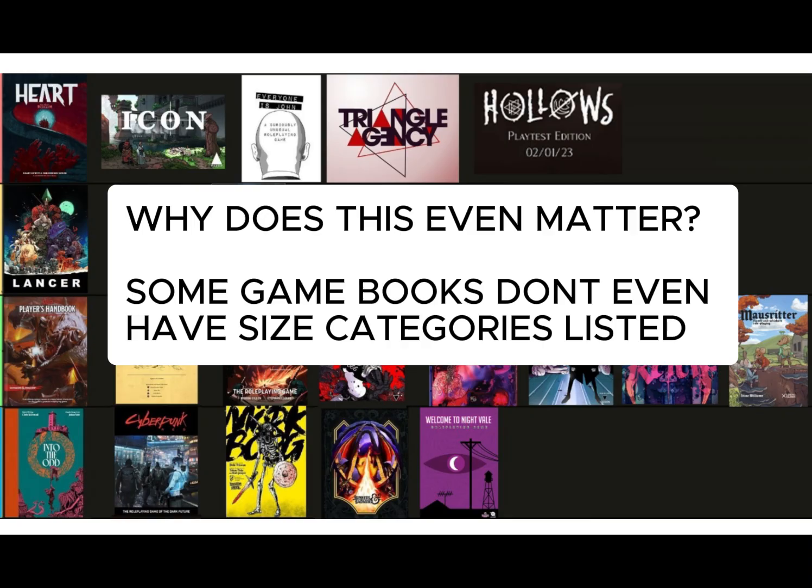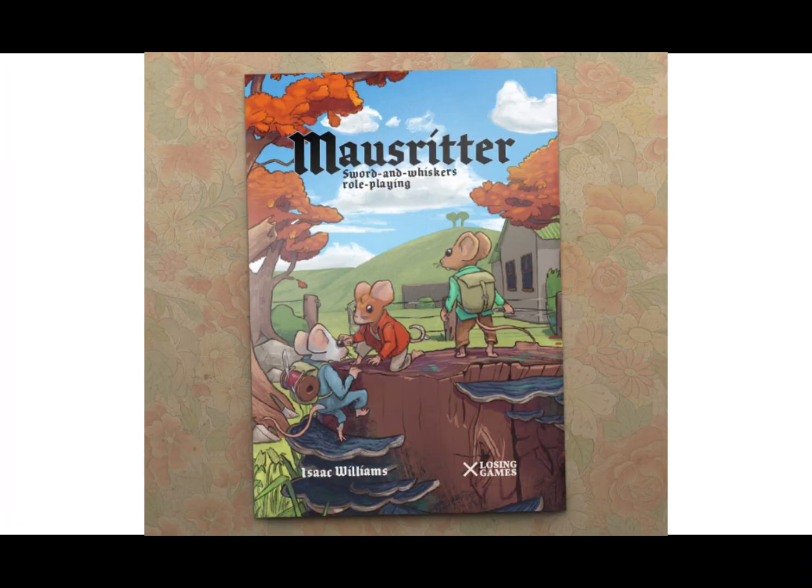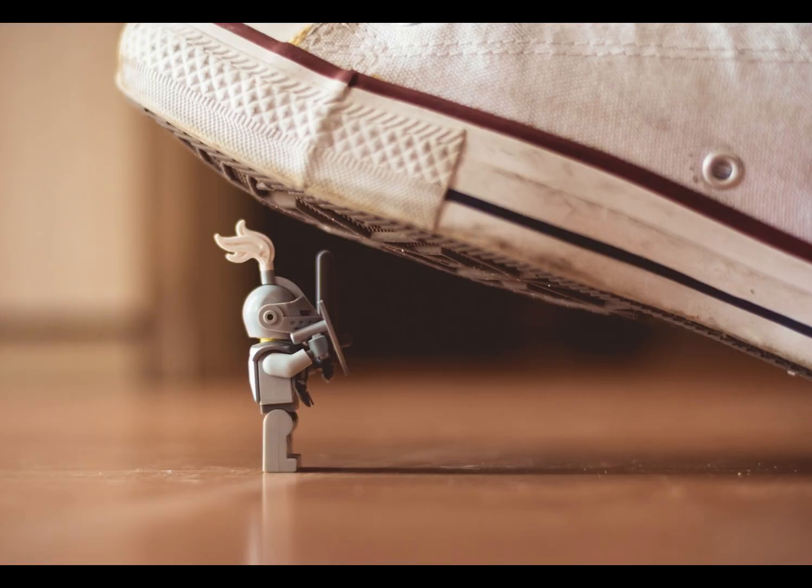Some games stick to the familiar when dealing with size categories to avoid having to list categories in the book at all. Mouse Ritter, for instance, allows the players to play as mice, so it's easy to use familiar sizes and just imagine them as if you were smaller. So the perspective changes, but your familiarity with the object remains the same.